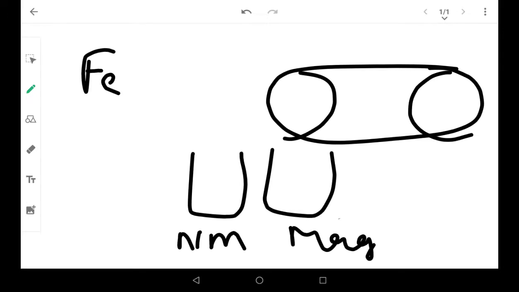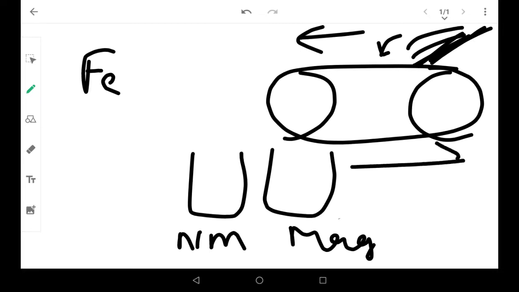So what happens is when ore particles, be it magnetic or non-magnetic, are put on the conveyor belt, it moves in a way. In this case, it's anti-clockwise.